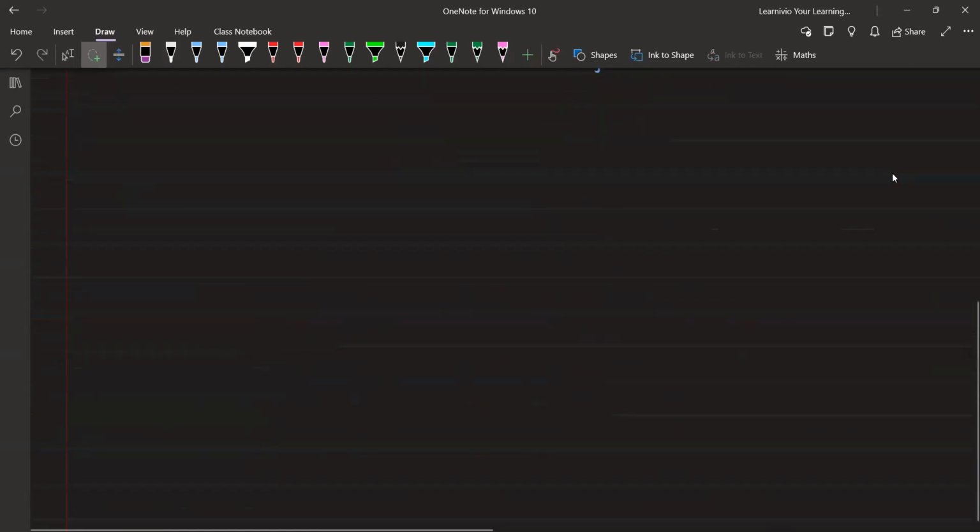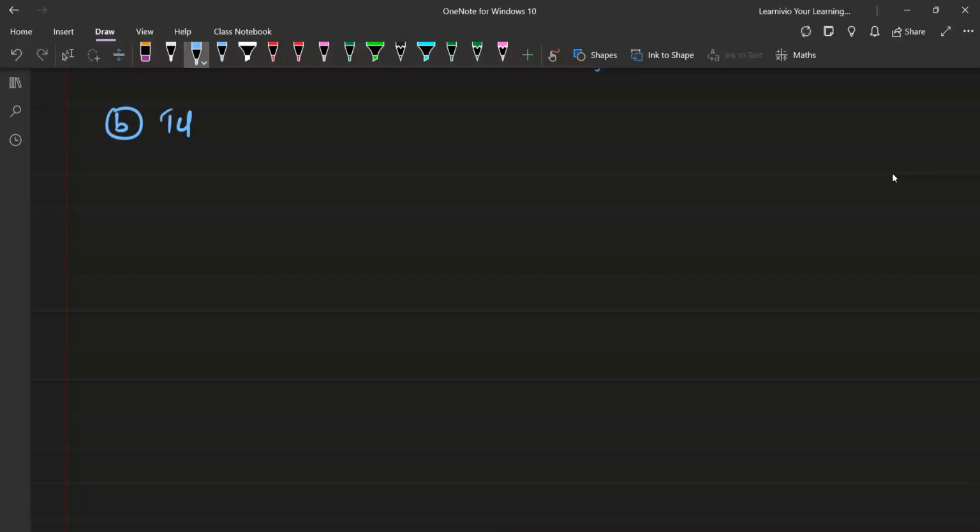First of all, I will write about tetrahedral splitting. We have seen the A part, that is octahedral splitting. B part is the tetrahedral splitting.